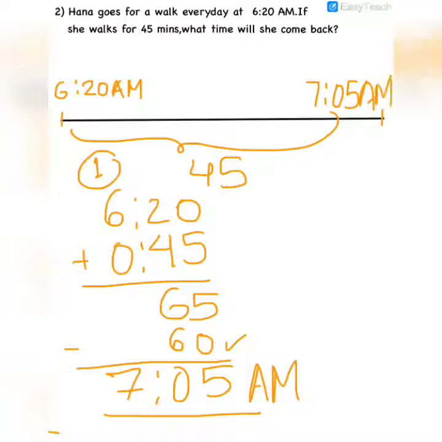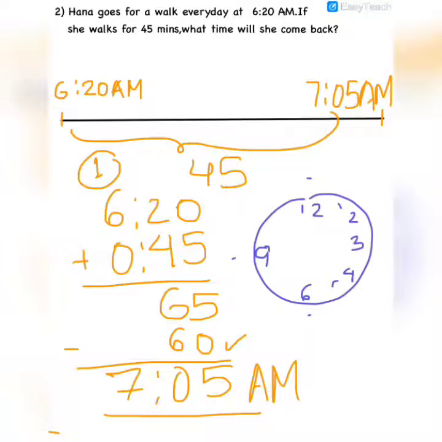One method is this. Another method is that you make a clock quickly. You always have to remember, in a clock 12 is in front of 6 and 9 is exactly in front of 3. Okay, now at 6:20 a.m., where will the hour hand and minute hand point?